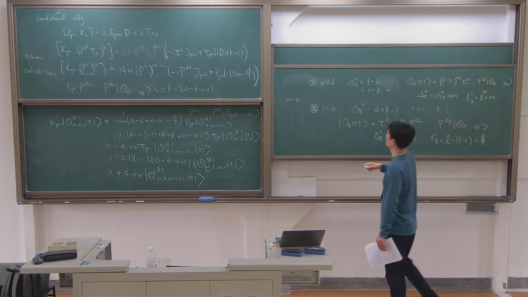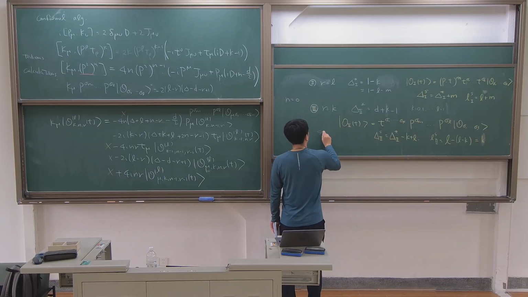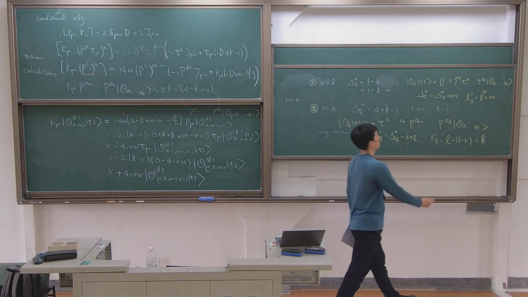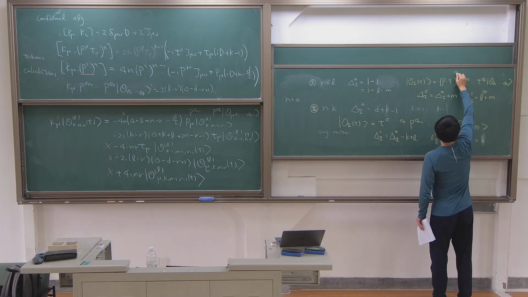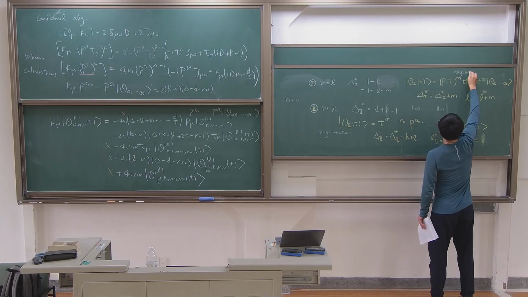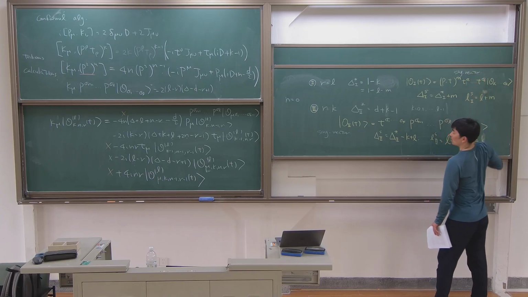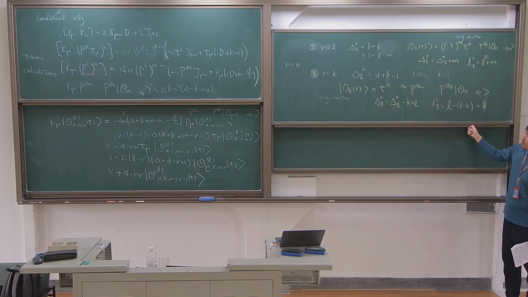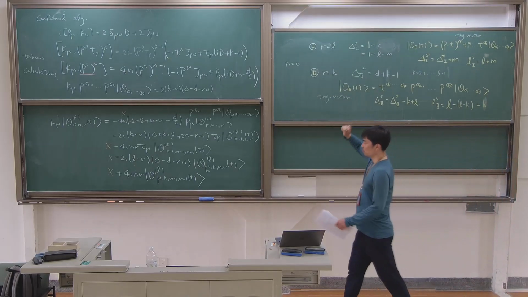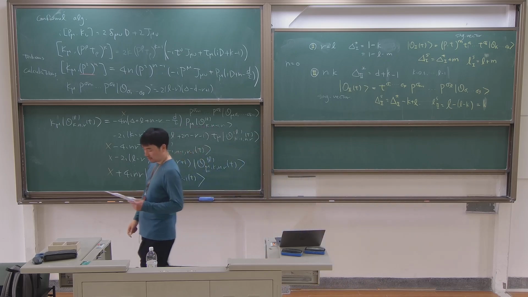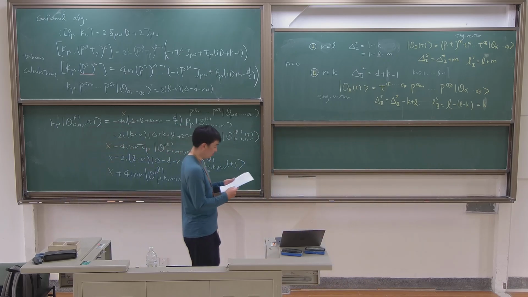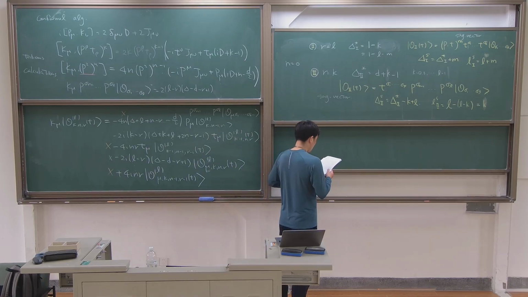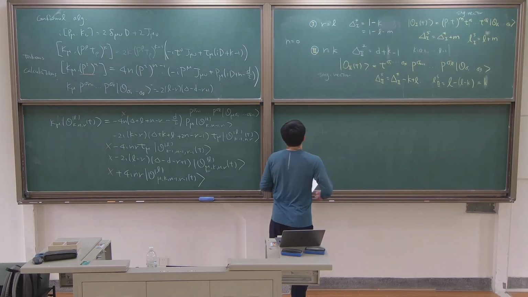These are singular vectors in the Verma module. Okay. And let's examine what the physical meaning of this singular vector is. So okay, let's do one by one. So let's look at number one case.